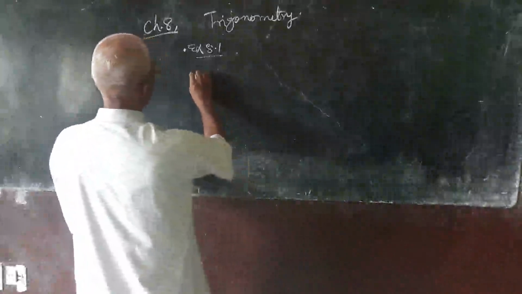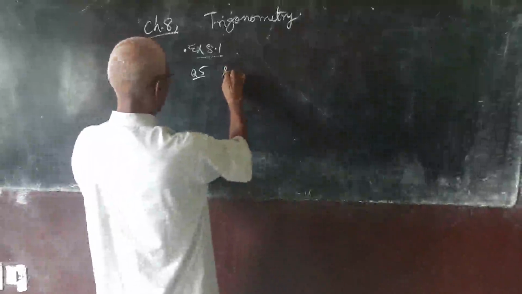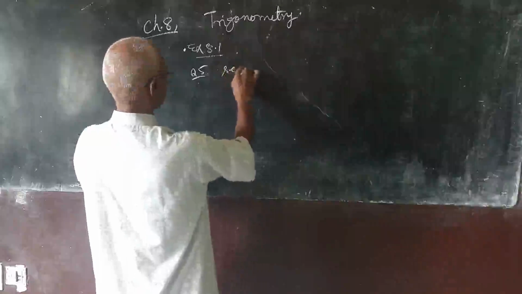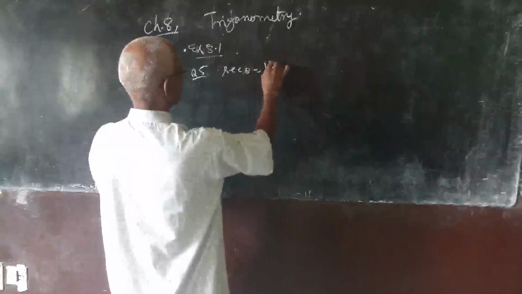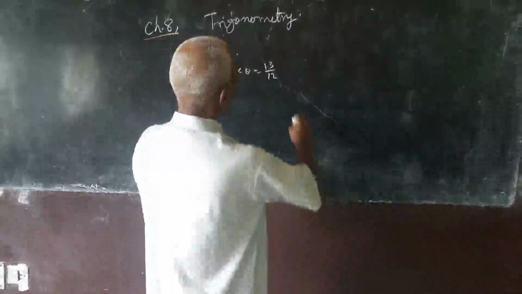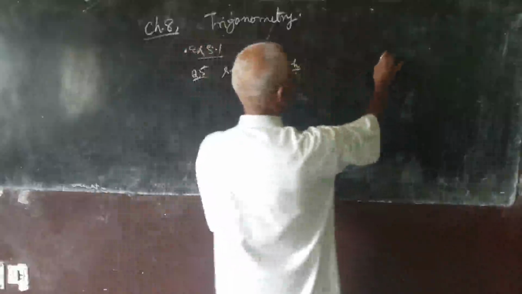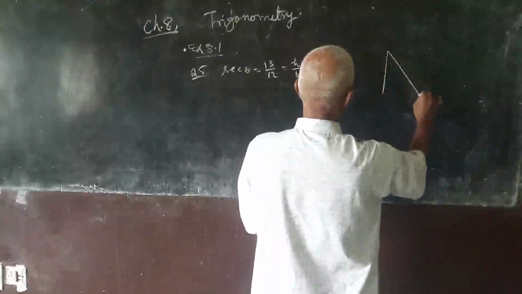Once more, here is sec theta is equal to 13 upon 12. We shall write here sec is the ratio of hypotenuse with base. Let us draw a figure here.